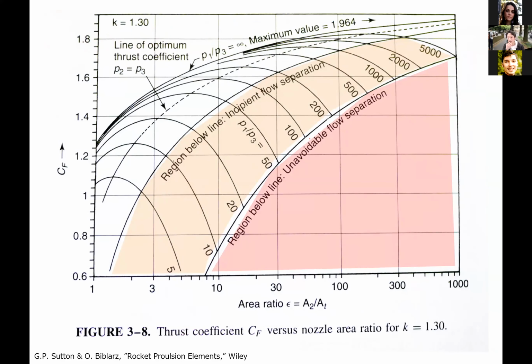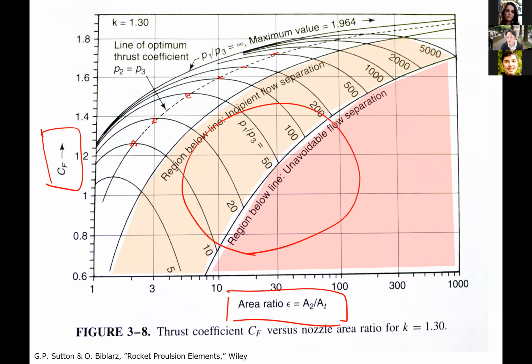So for that, we have this kind of figure. This is the same as the previous one. Basically, the horizontal axis is aperture ratio, and the vertical axis is thrust coefficient. And there are some optimal values. And here, what I want you to focus on is this area. This red area is where flow separation will definitely occur. So we have to avoid this area.